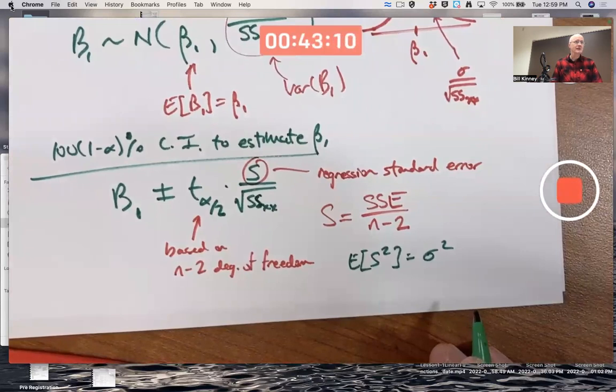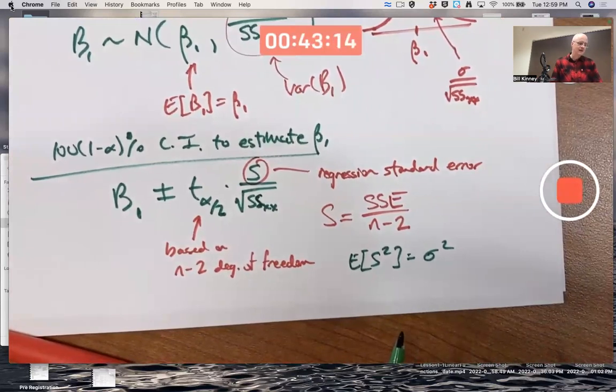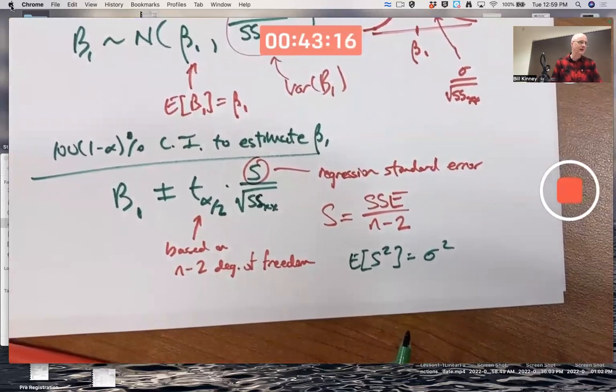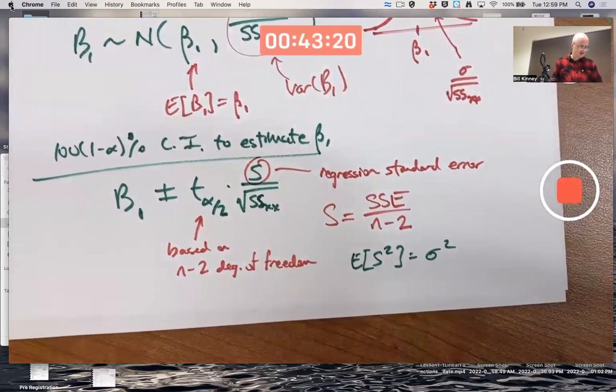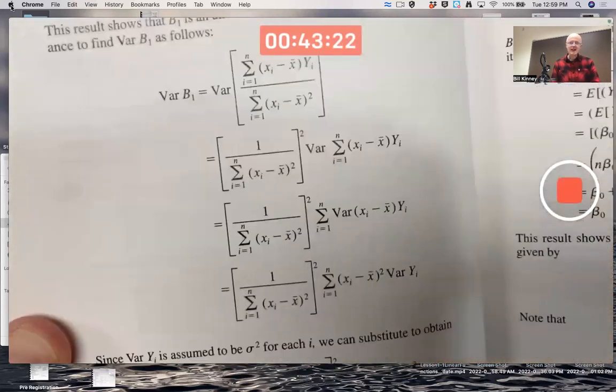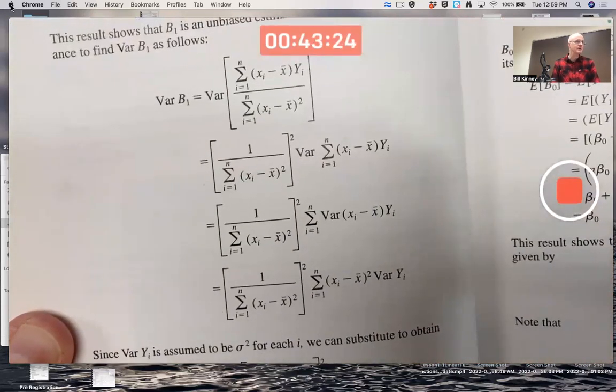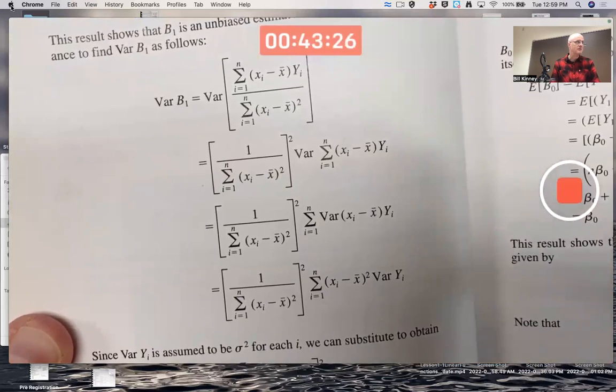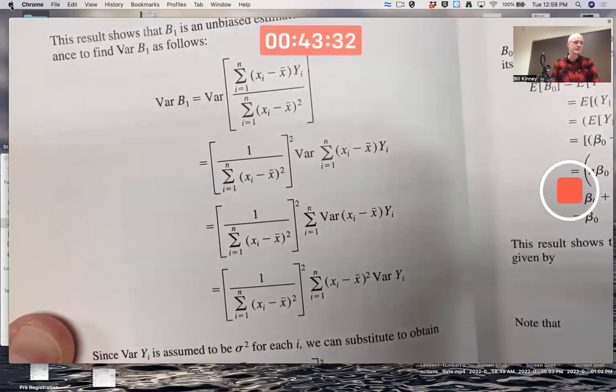Wild enough for you? And the reading's even wilder, right? If you tried doing the reading, you probably gave up, looking at all this stuff. It is actually understandable if you took the time to do it, but it takes a while. It uses nothing but properties we've already talked about to this point.